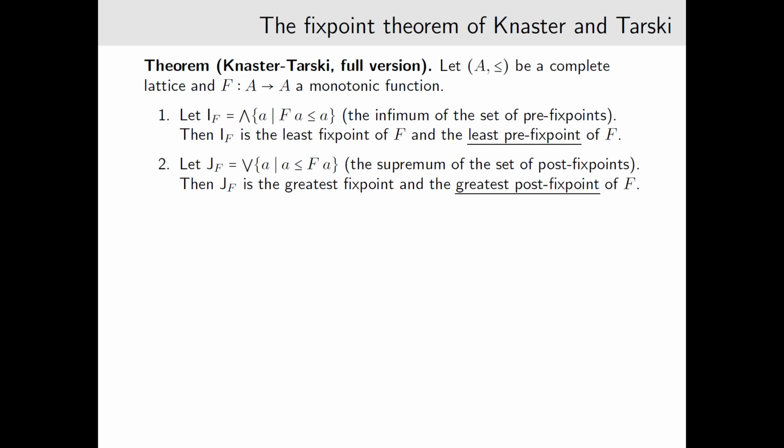So the least fixed point is the intersection of all prefix points. And the greatest fixed point is the union of all postfix points. So this immediately suggests that for the construction of the least fixed point, we are focusing on prefix points, which the short version doesn't tell us at all.